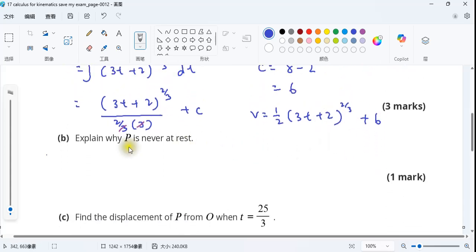Explain why P is never at rest. Okay. So the v equal to half 3t plus 2 to the power 2 over 3 plus 6 will always be greater than 0 for t greater than or equal to 0.